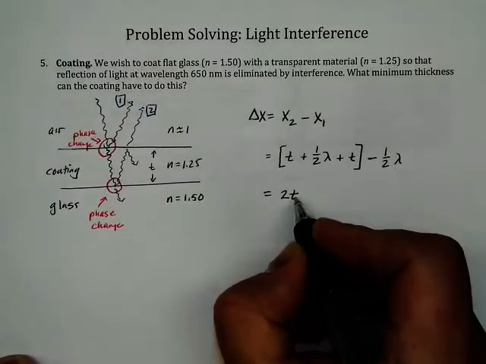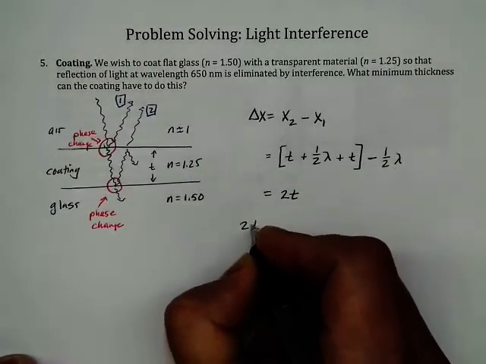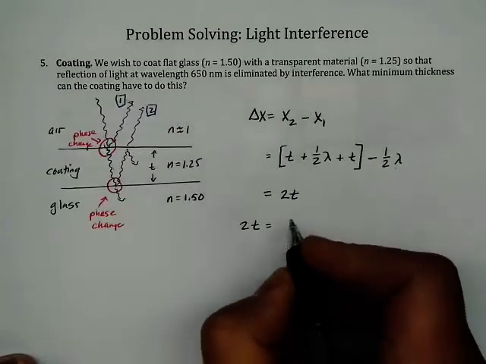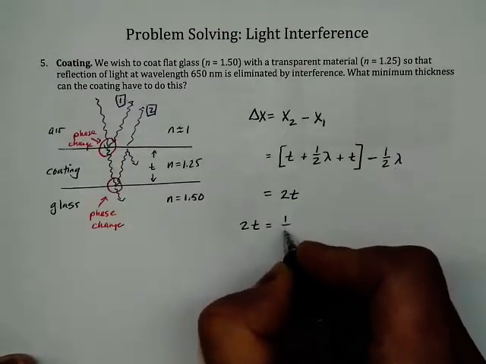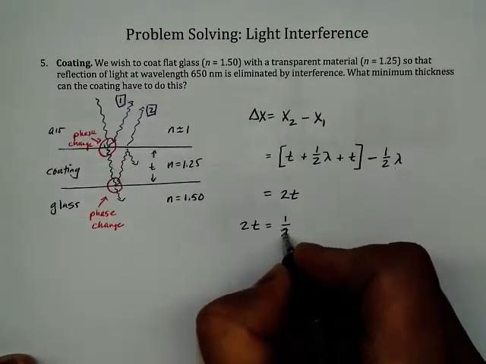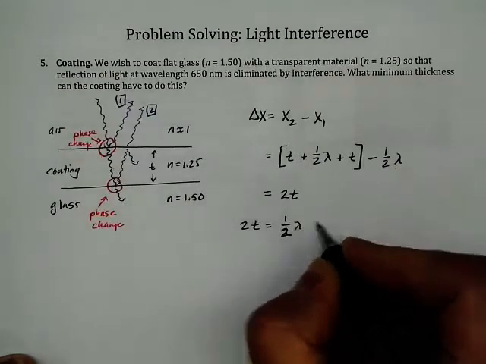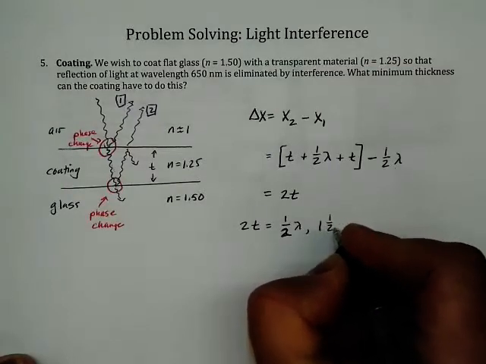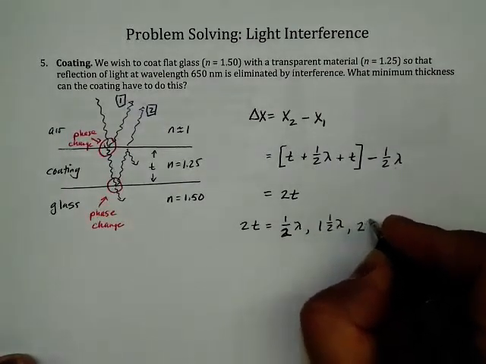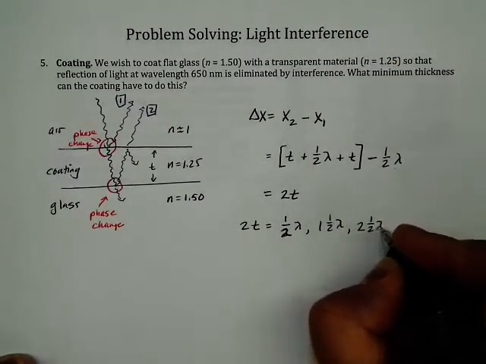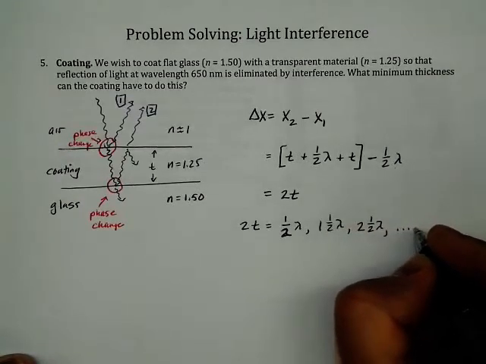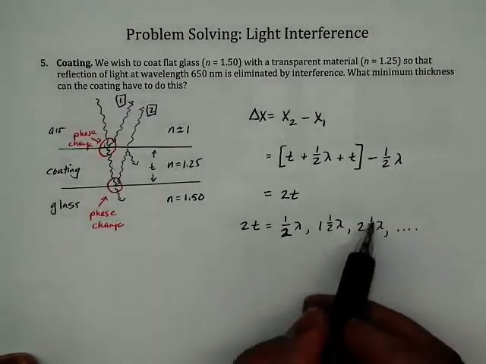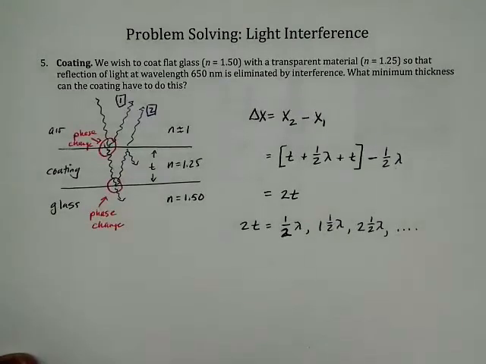I want destructive interference, so I want 2 times the thickness of the film to give me half a wavelength of extra distance, or 1.5 wavelengths, or 2.5 wavelengths, all of the conditions for destructive interference, which is an integer plus a half number of wavelengths.